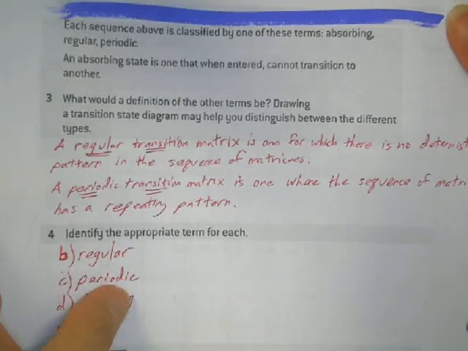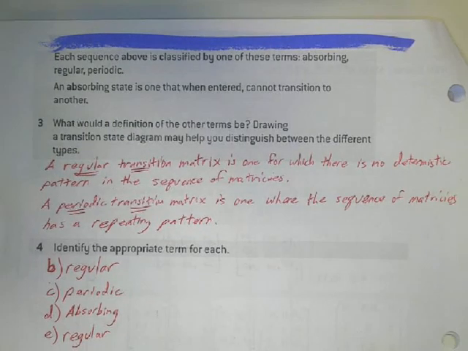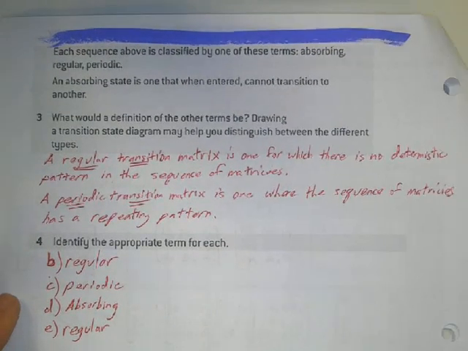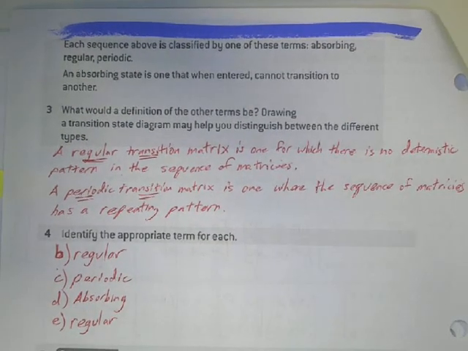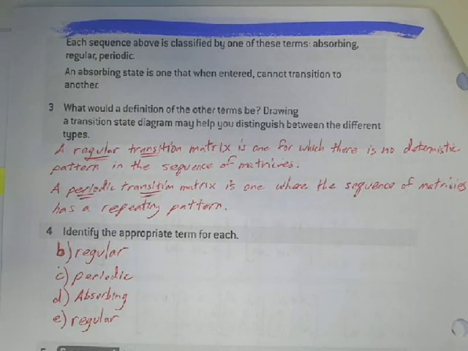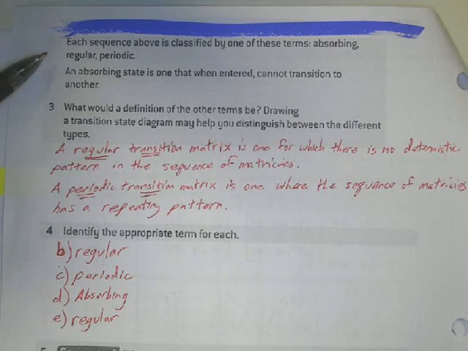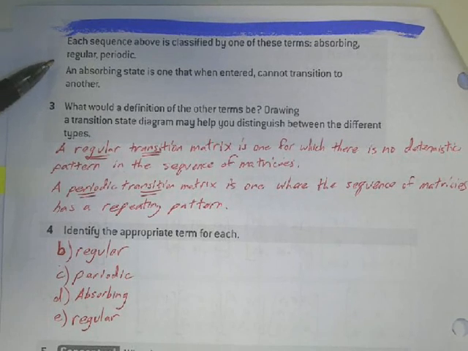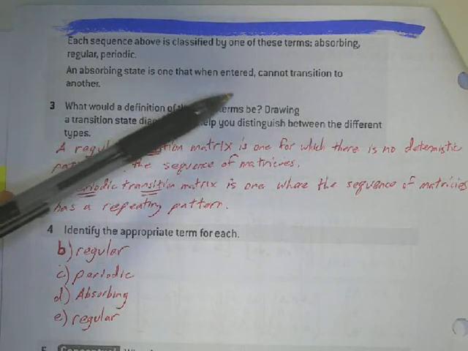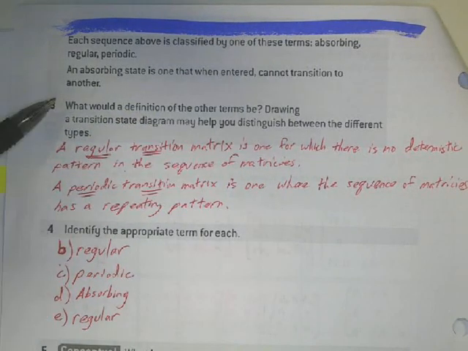You may want to hit pause to copy this down. I'm just going to read through what we have here. So each sequence above is classified as absorbing, regular, or periodic. An absorbing state is one that, when entered, cannot be transitioned out of to another.